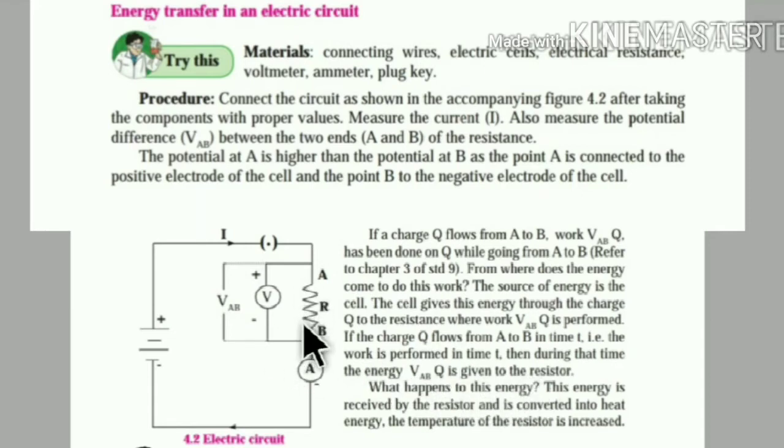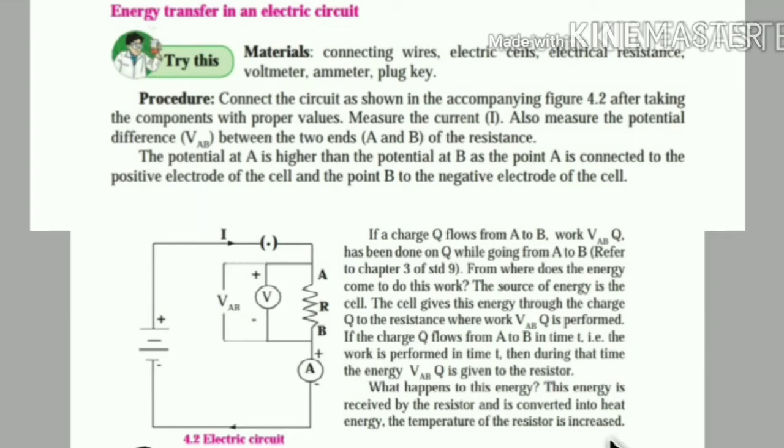When this energy is given to the resistor, the resistor converts the electrical energy into heat energy, and the resistor gets heated. Because of that, the temperature of the resistor increases.